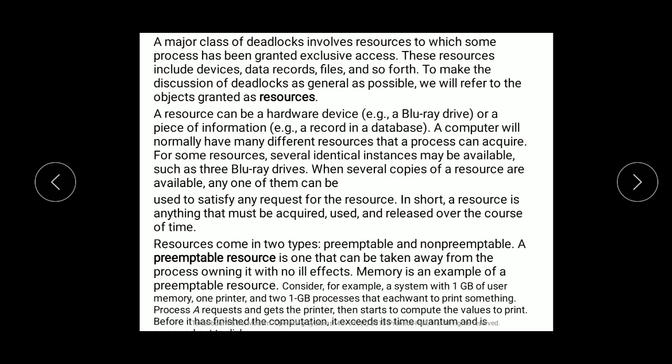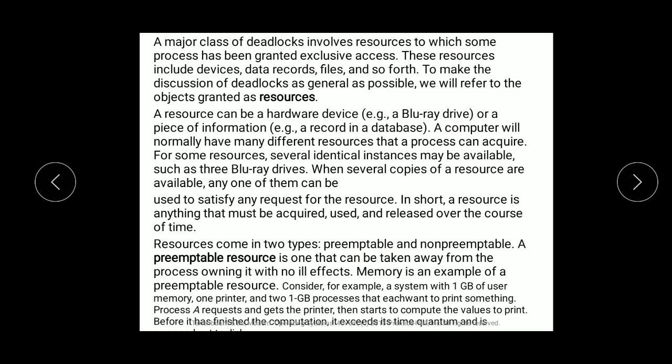When I talk about a preemptible resource, this resource can be taken back from the process to which it was allocated with no ill effects. Once my work is done, I can take it back, even if I do not have any rights over that resource, and I will have no ill effects.